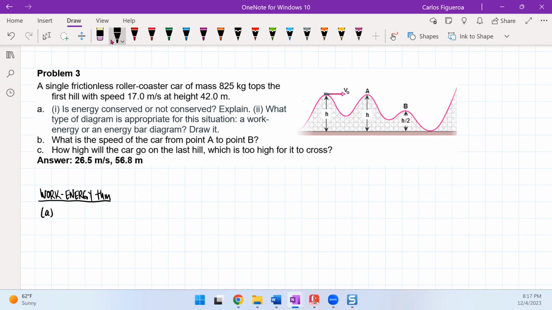I want to draw a picture of the situation along with a work energy bar diagram.